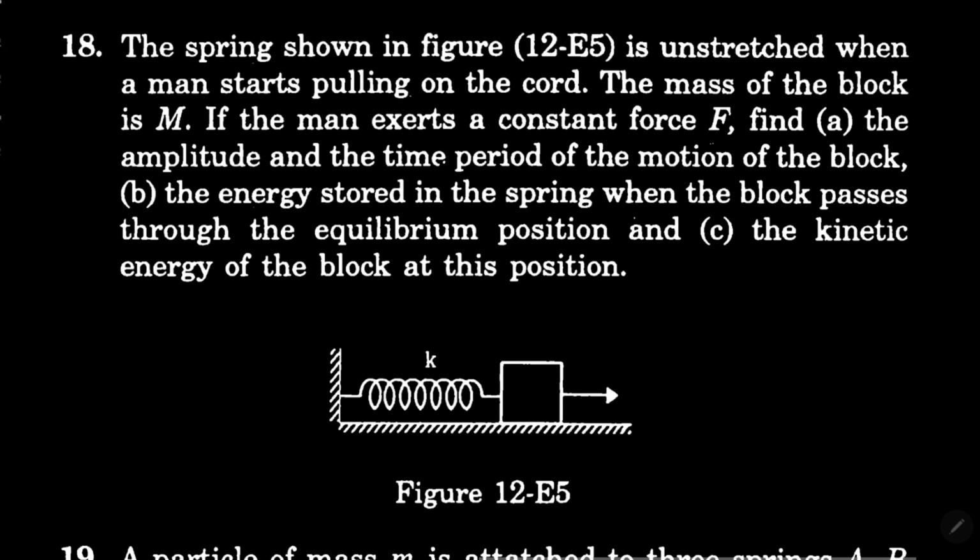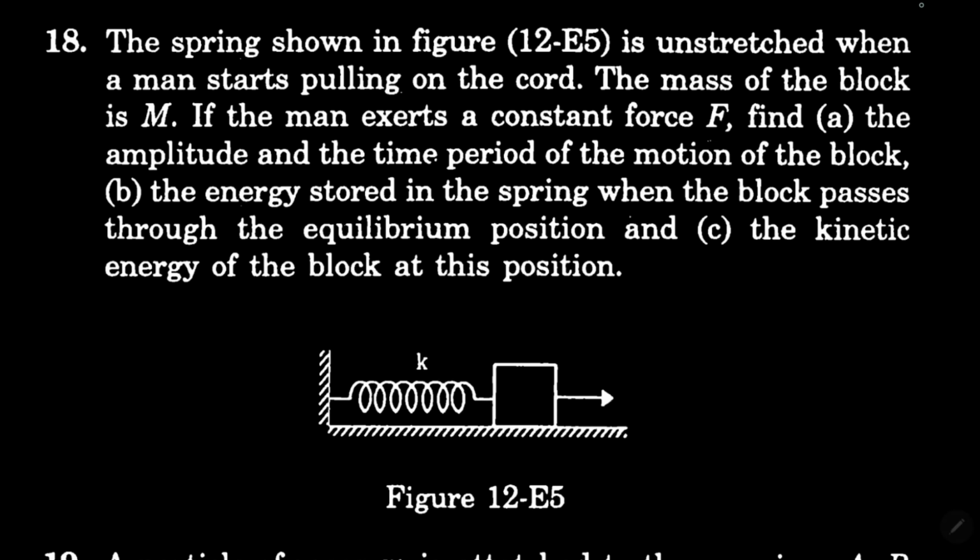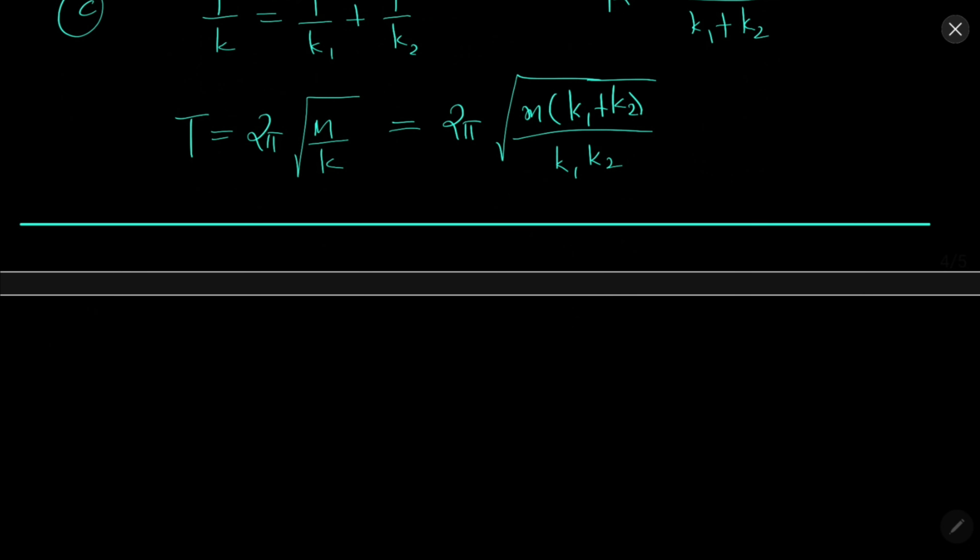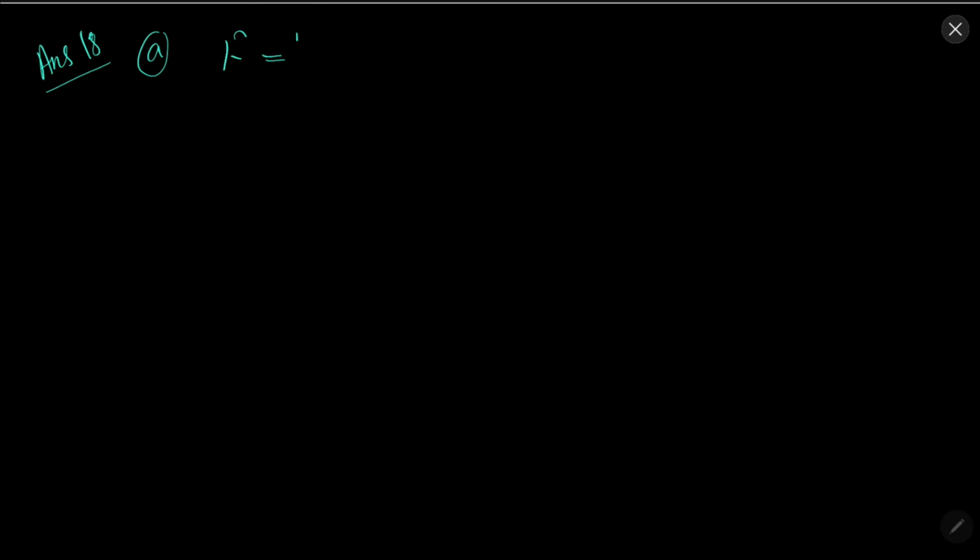In question 18, this figure is given. We need to find the amplitude and time period of the motion of the block, and the energy stored in the spring and the kinetic energy of the block at this position. Solution 18, A part. We know F is equal to kx, so x equals F over k.